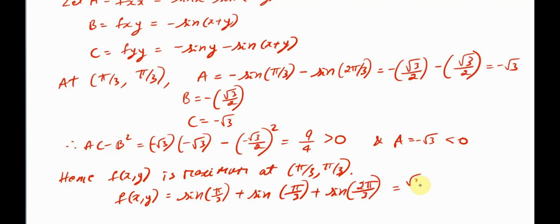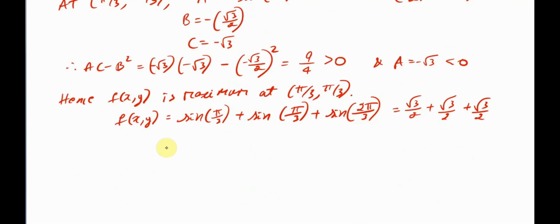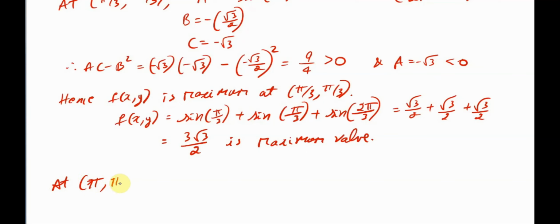How many times, students? Root 3 upon 2 plus root 3 upon 2, we get 3 times. So we get the maximum value, this is 3 root 3 upon 2, is maximum value. Is it clear? So let us try for next point, that is pi.